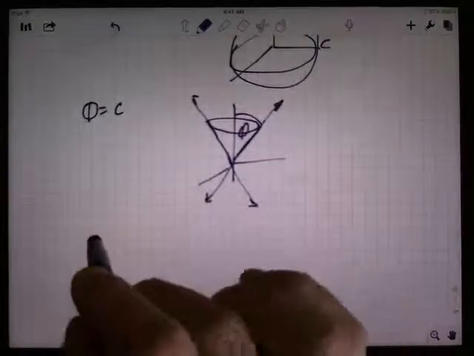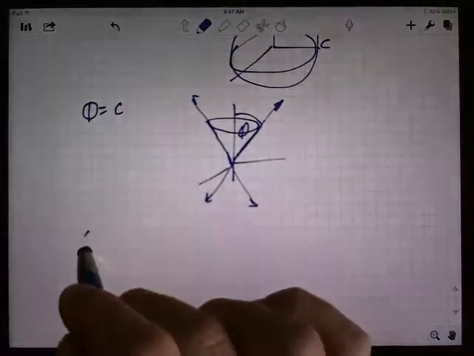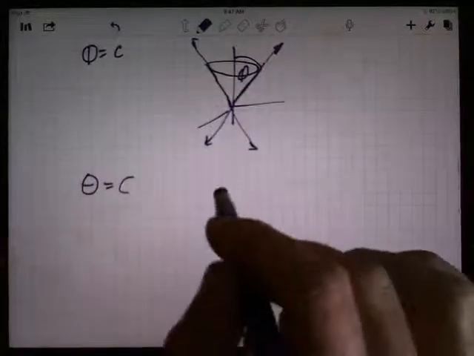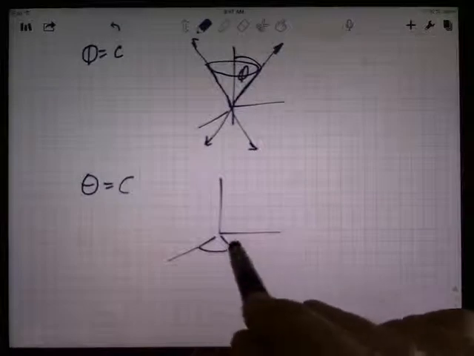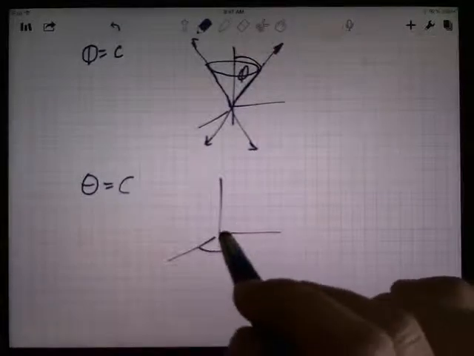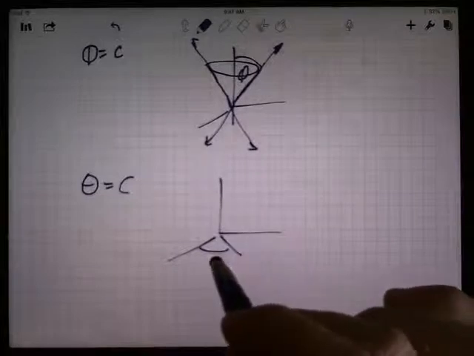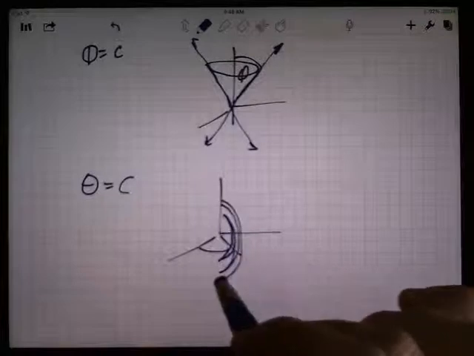Now, how about theta? Let me try this again. Theta equals a constant. So we've got some fixed angle here, and then you can take phi to be anything you want. So that is describing, like that.